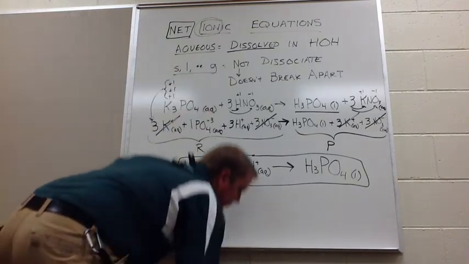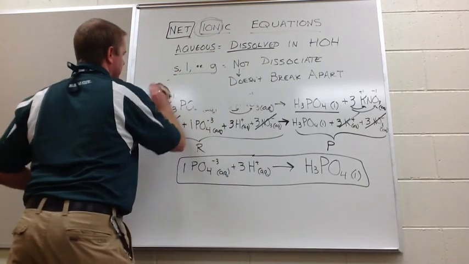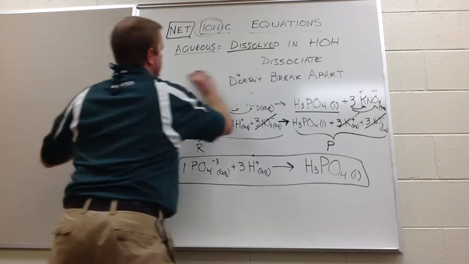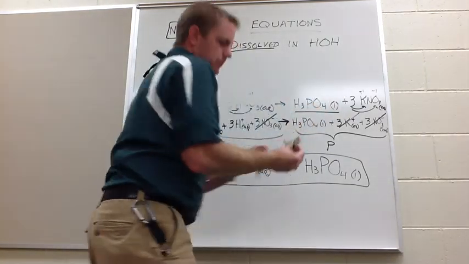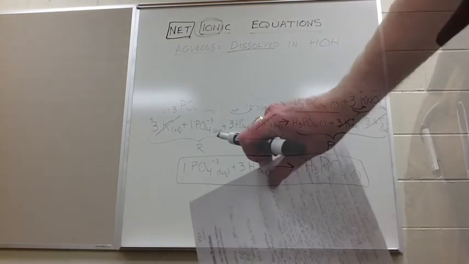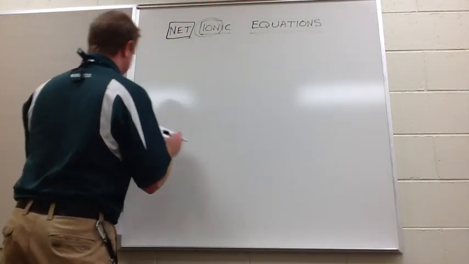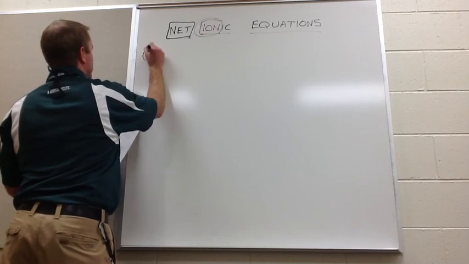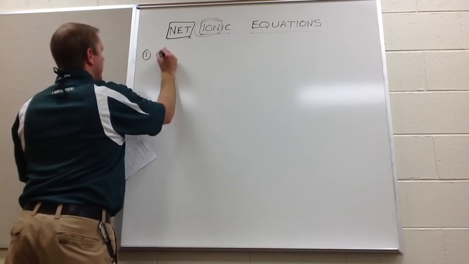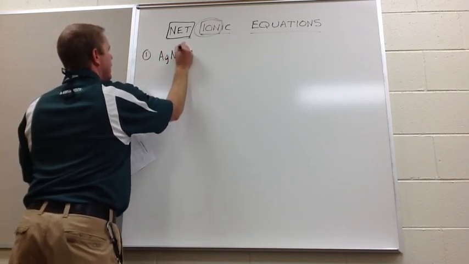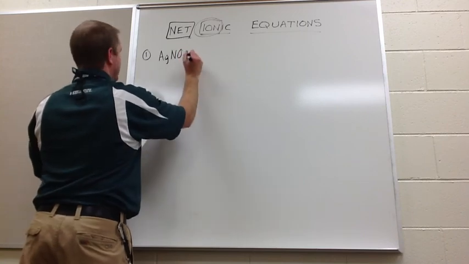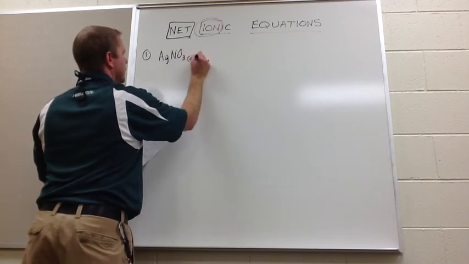Now, let's do one that comes directly from your work. All right, net ionic equations. Let's do an example now right out of your packet. So number 1 says this. AgNO3, silver nitrate, and it's aqueous.